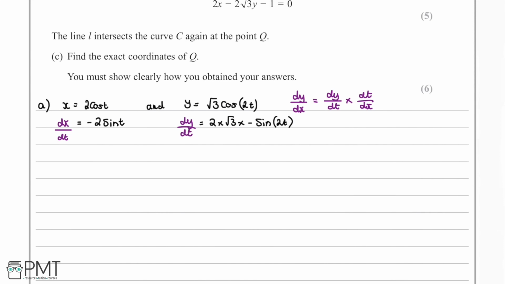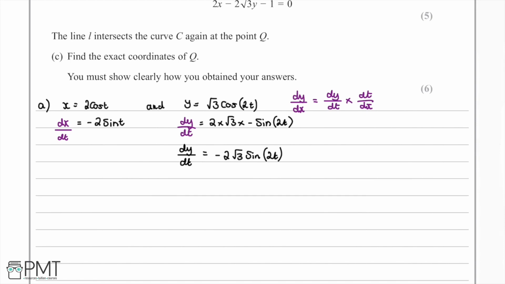So here we've used the chain rule to differentiate our 2t, hence why we multiply by 2. Then we have the constant root 3 out in front, and then our cos 2t will differentiate to negative sine 2t, which gives us that dy by dt is going to be equal to negative 2 root 3 sine 2t.